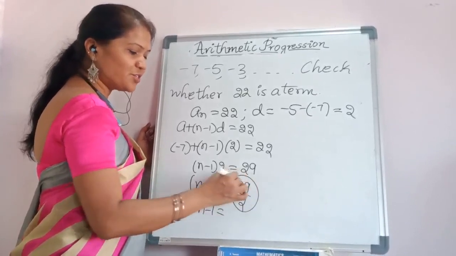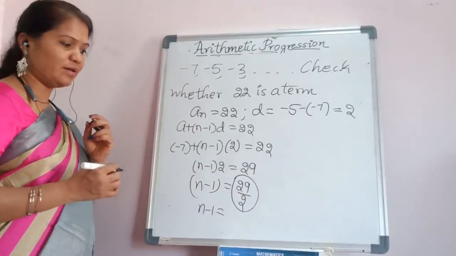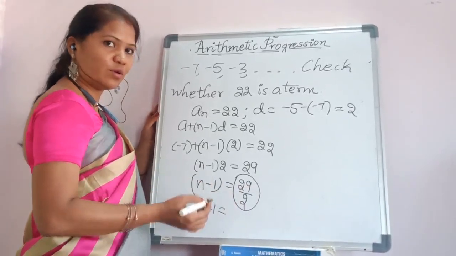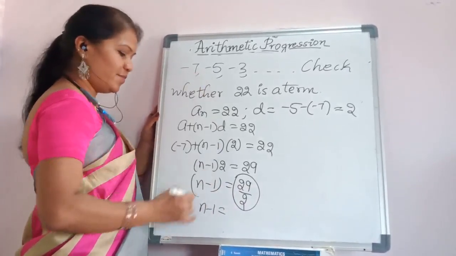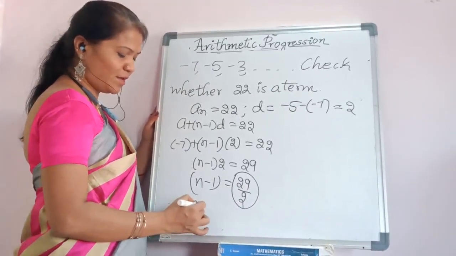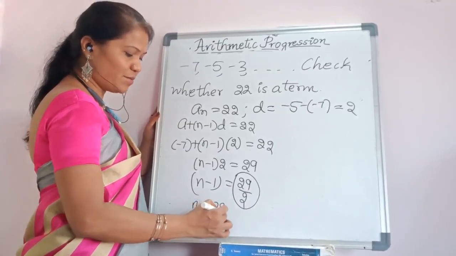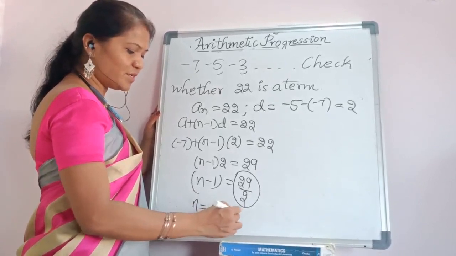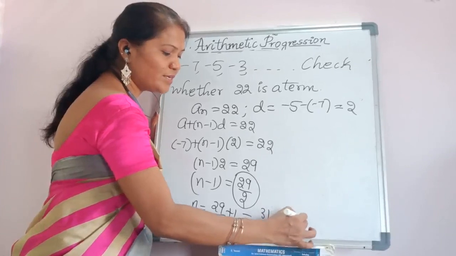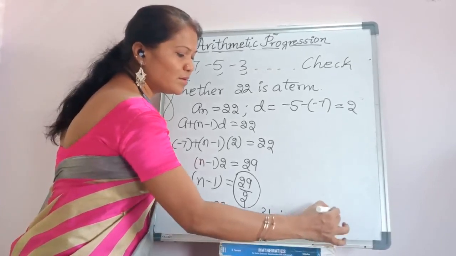It is a fraction. It is not a whole number, right? So since n is a fraction, it is not a whole number, then I can say that, therefore we have to write here, since n is equals to 29 by 2 plus 1, that is 31 by 2, is not a whole number.